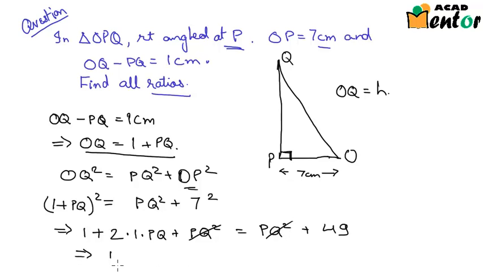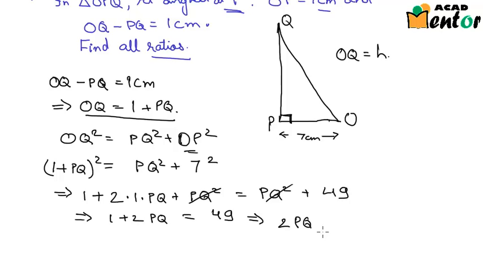What we are left with is 1 plus 2 times PQ is equal to 49, or 2 times PQ equal to 49 minus 1, which means PQ is equal to 48 by 2, or 24 centimeters.